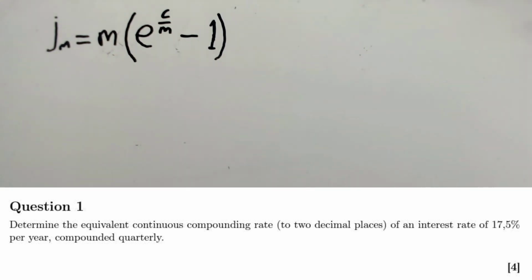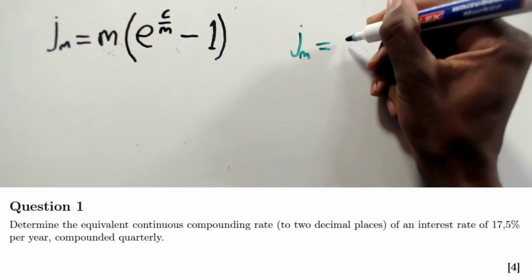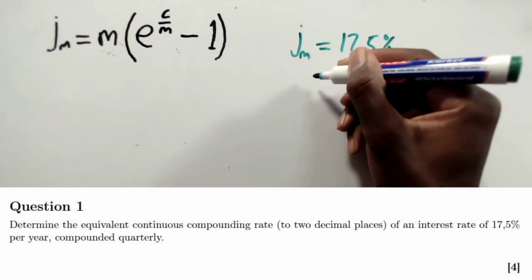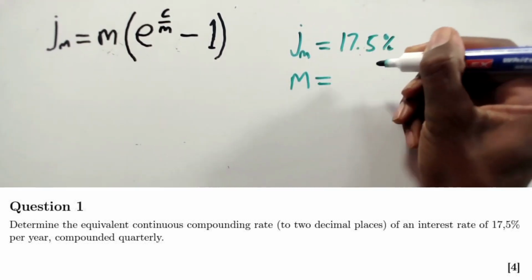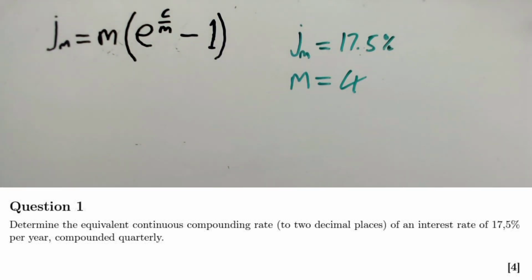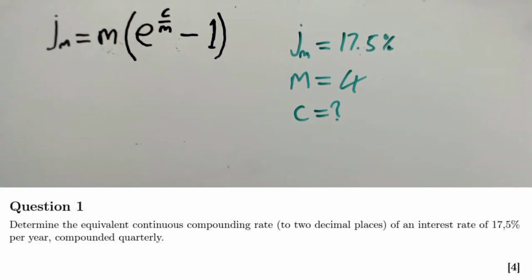Just to make you understand, these are the variables given: J_m is 17.5%, and m, the compounding period, is 4. Now we have to calculate c.